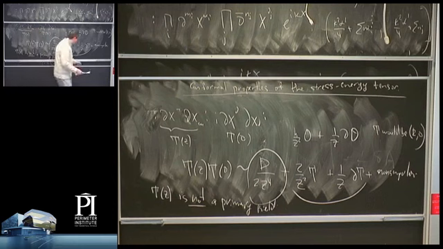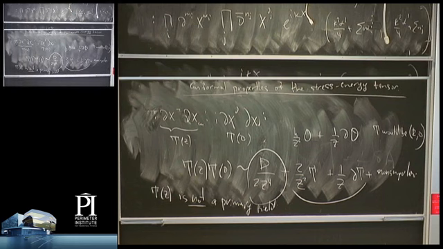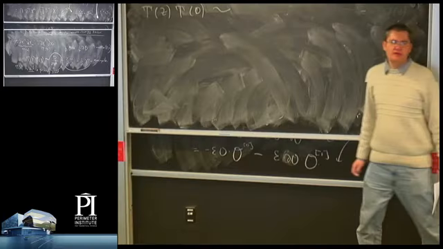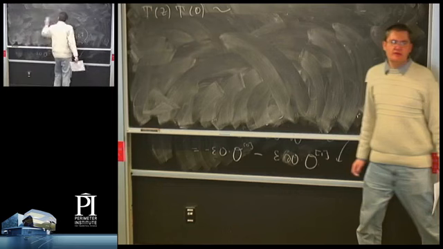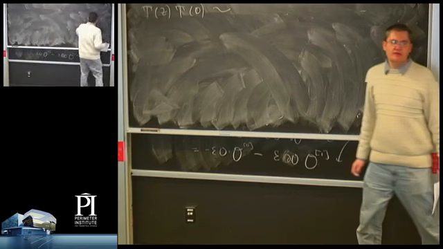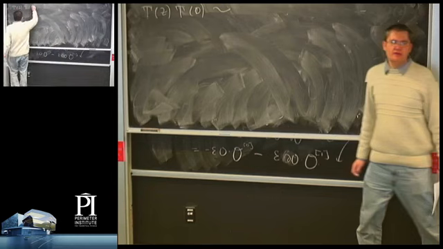So another way to see that it's not a primary field, well, for example, what I could have done is also look at the OPE of the holomorphic and anti-holomorphic parts of the stress energy tensor. So I look at T(z) with T bar of 0.